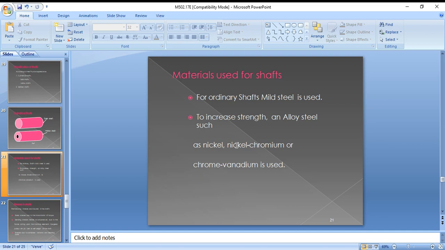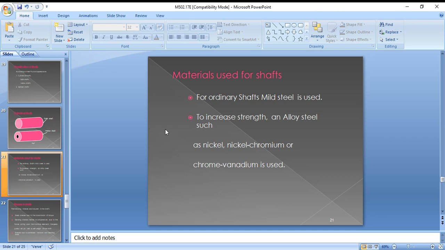Materials for a shaft should possess the following: high strength, good wear resistance, low notch sensitivity, ability to be heat treated, and good machinability. So the material must consist of all of these.